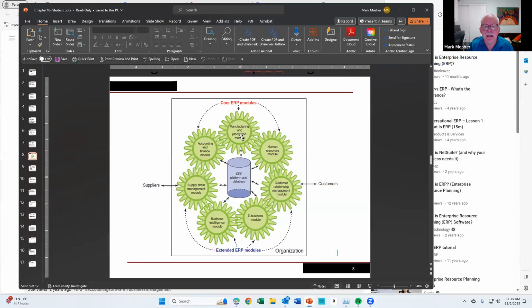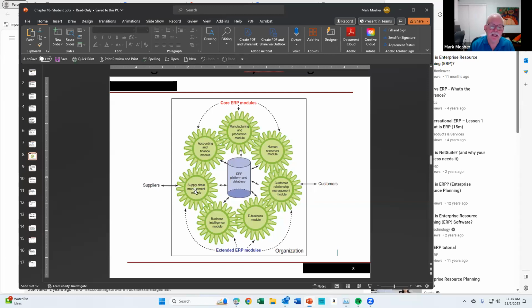A lot of times you'll see ERPs represented based on the old MRP, and then MRP2, which added additional capability onto it and started adding more functionality. But this is the core set of things that ERPs generally have. And as your business grows, or as your business needs dictate, then you start adding other things.